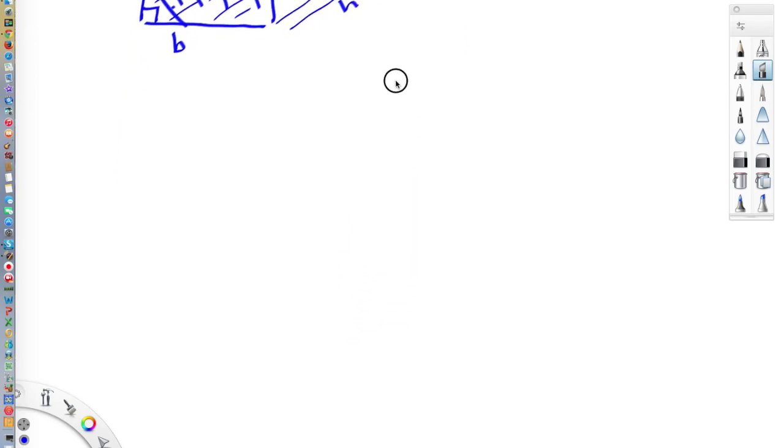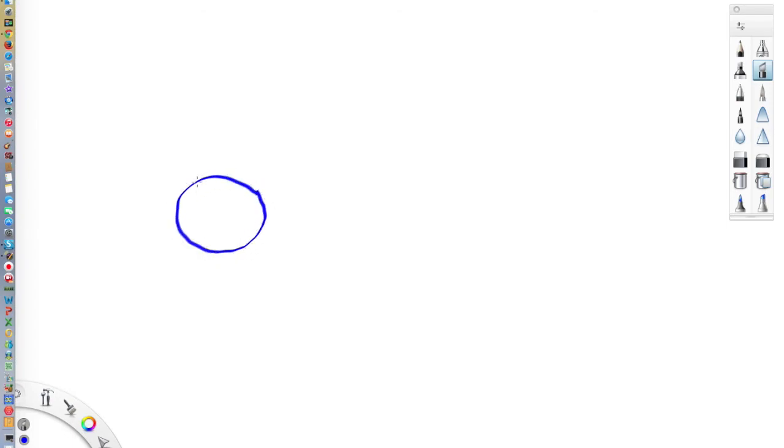Let's try another shape. I like to call it a circular prism. Actually, it's a cylinder. There's my cylinder, lying down. How do I find the volume of a cylinder?